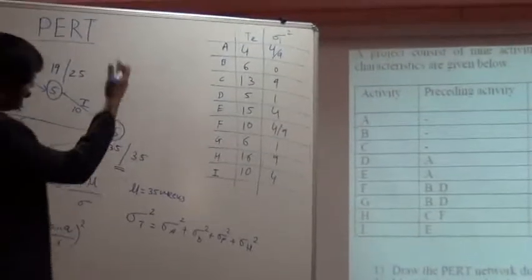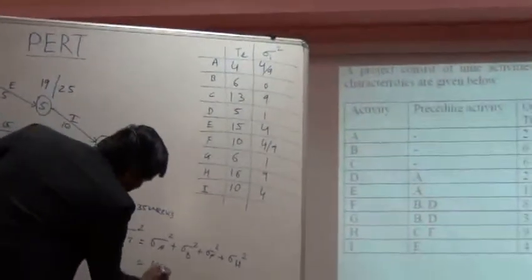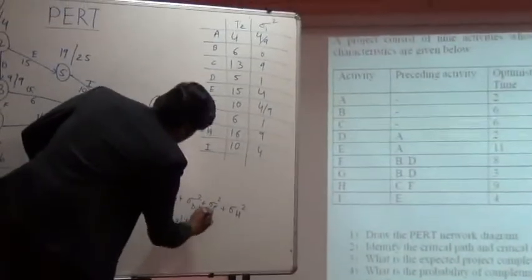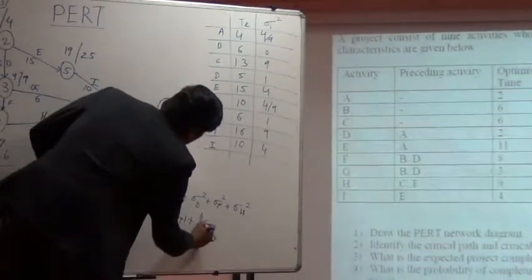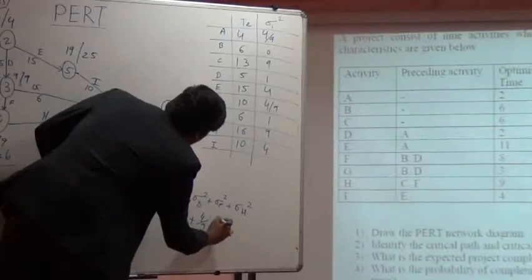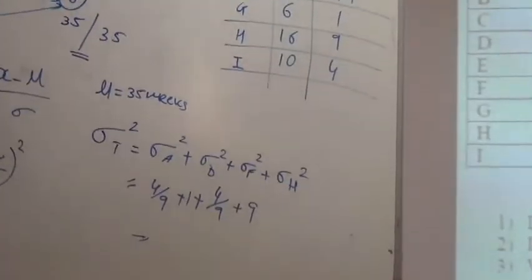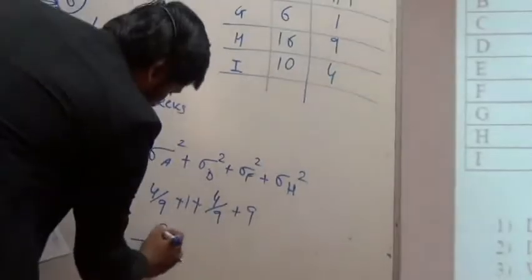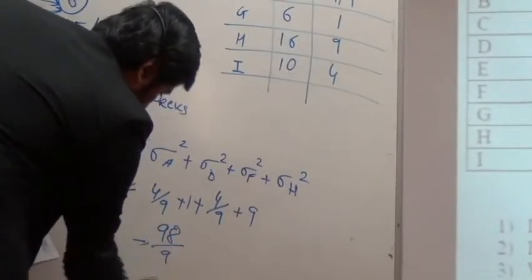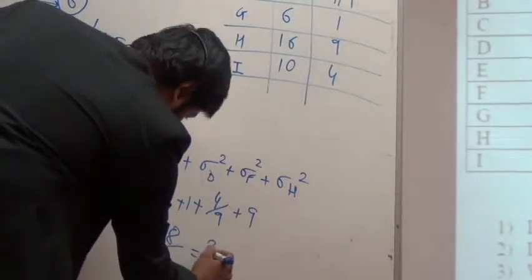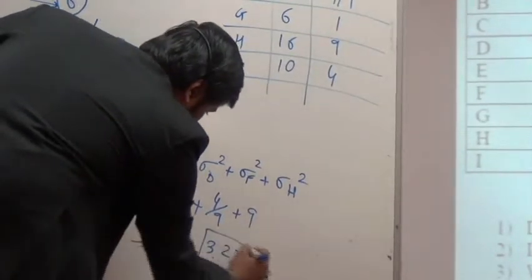So if you see, A is having 4 by 9, sigma D is 1, plus F is 4 by 9, and lastly H is 9. So if you have the total of this, that will be 98 by 9, and it is approximately 3.23.